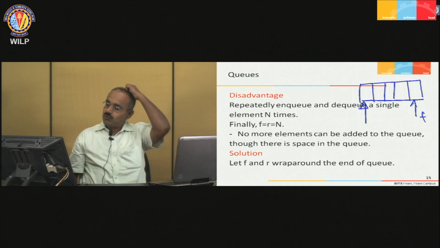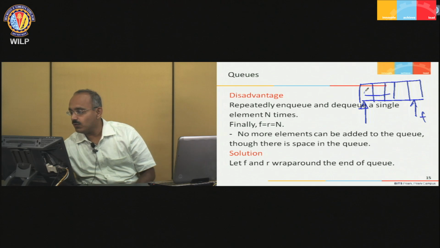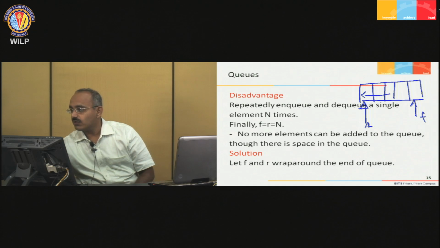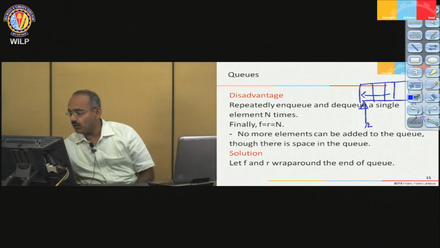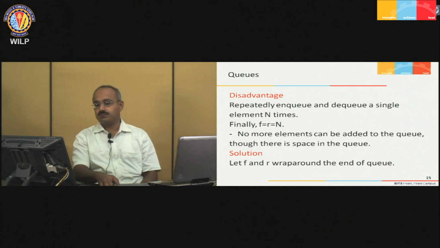Or similarly, if you want to add elements and there is space here in the Q, then you can update your R to this. Right, so the problem precisely is solved by allowing your R and F to wrap around the Q.